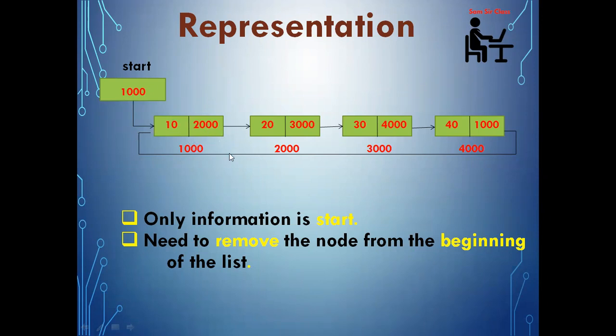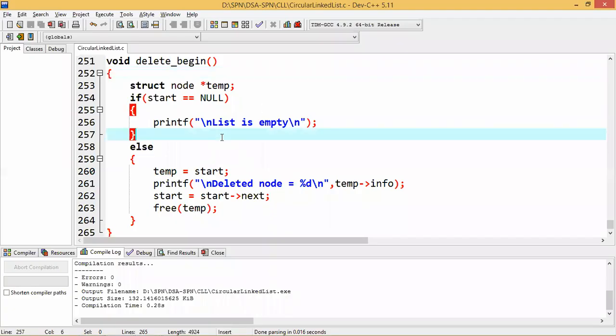Okay, so by using this concept, let us modify the code in single linked list. We have copied the code of delete beginning from single linked list, what we have already implemented earlier. Now we are writing here. First we are checking that if start equal to null, list is empty. This is also correct in circular linked list. If list is not there, then how will we delete the first node.